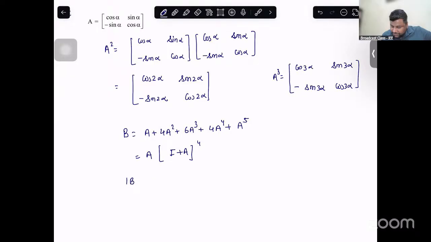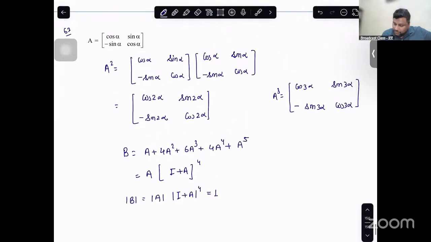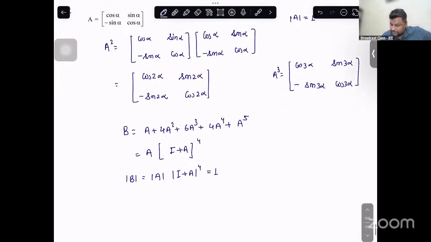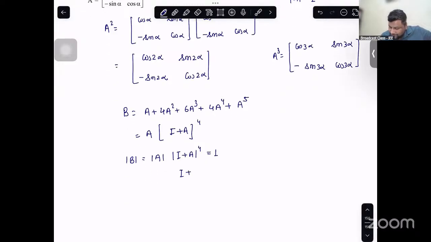So that means determinant of B is determinant of A into determinant of I plus A to the power 4, which is given to me as 1. Also, determinant of A is very much clear to me. It is 1. That means determinant of I plus A to the power 4 is also 1. Am I correct?